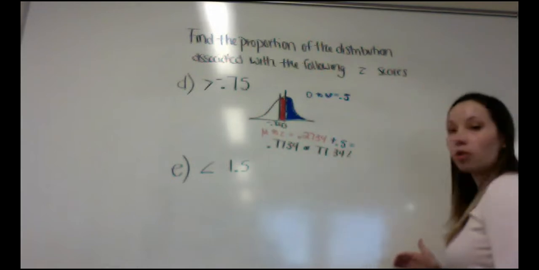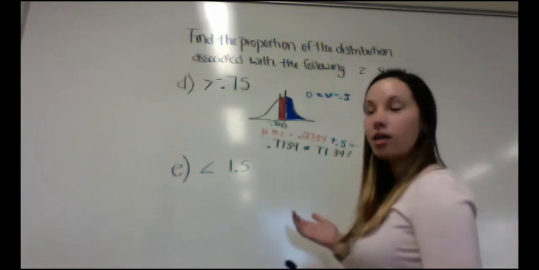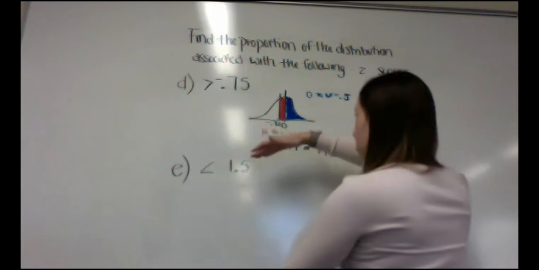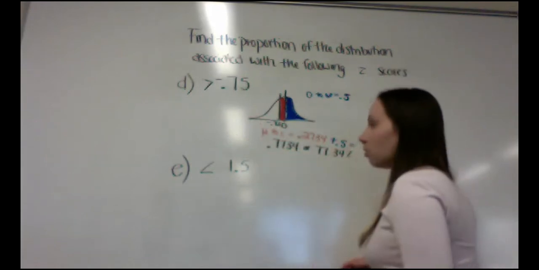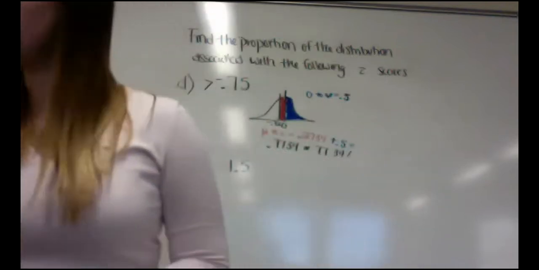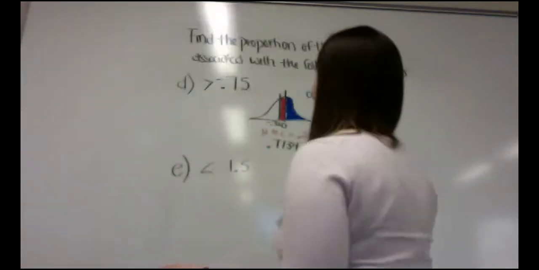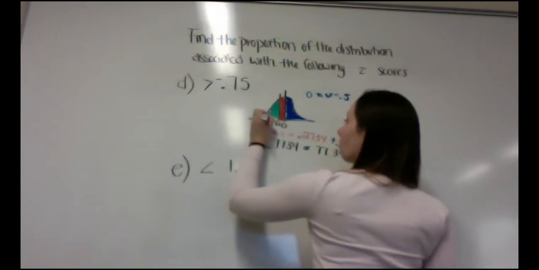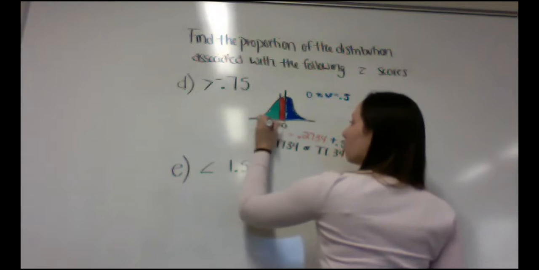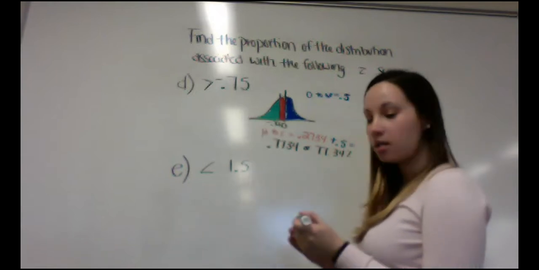The other way that you can work this, like we did with the other one, is to find the other side of the distribution and subtract it from 1. So let's shade that in with a different color. So here is the green piece.